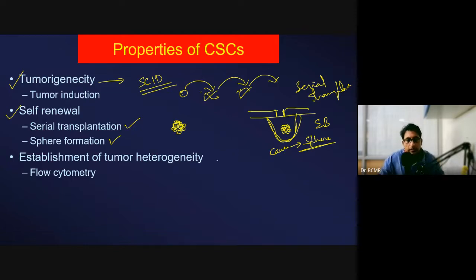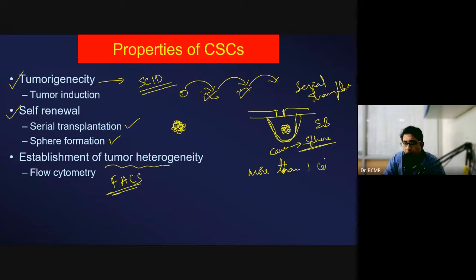And then we have tumor heterogeneity, which can be proved by FACS. That means if you analyze it by flow cytometry in terms of forward scatter and side scatter and so on, we can distinguish that there is more than one cell type, right? That means something in cancer stem cells can give rise to more than one cell type. One of them will be, of course, self-renewal.